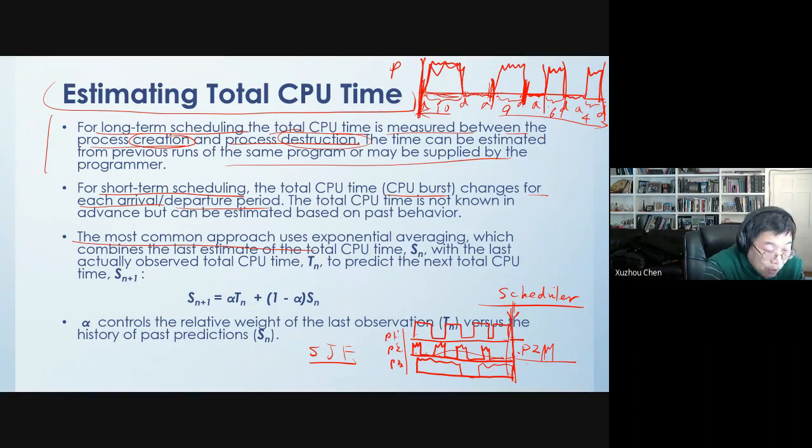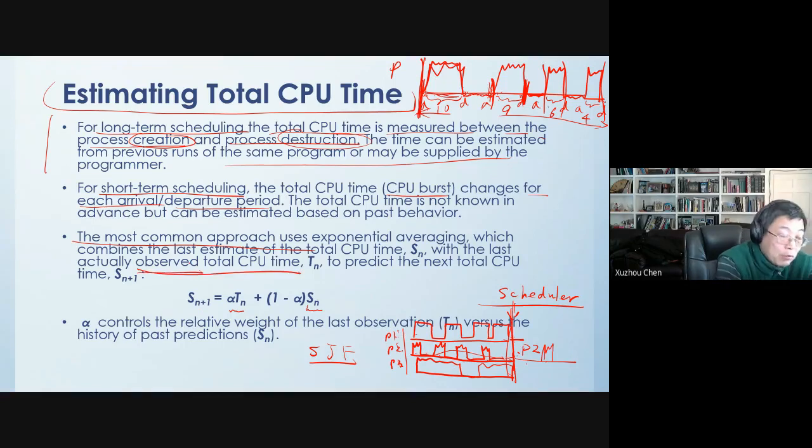And not just this, we also use the average of the previous predicted CPU burst, plus the average of the previous observed total CPU.